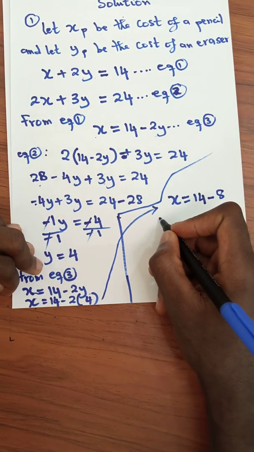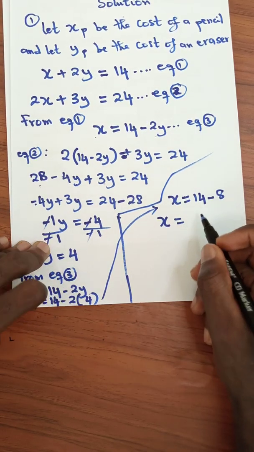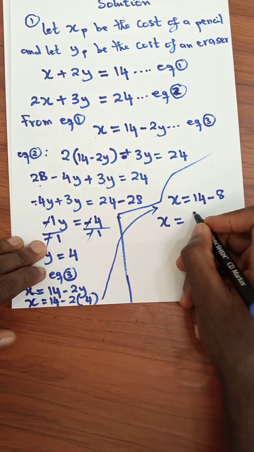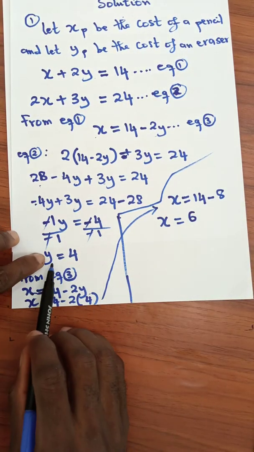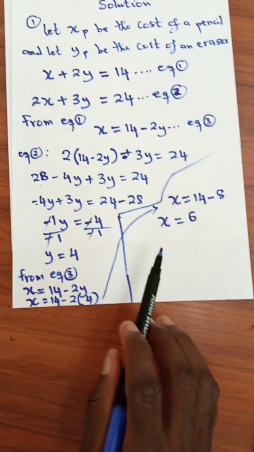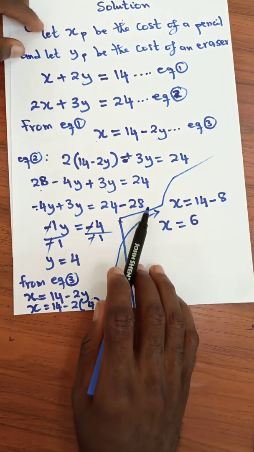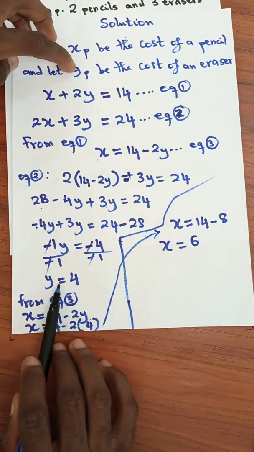So I'll say that x is equal to, when I do 14 minus 8, I'll get 6, right? So I have been able to get my values, that's x and then y. I've been able to get x and then I've been able to get y.